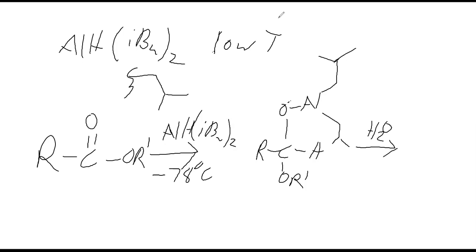We protonate the alkoxy group, kick off the aluminum, and we form our aldehyde. The OH can go there, proton can go there. We can do the same thing with nitriles.